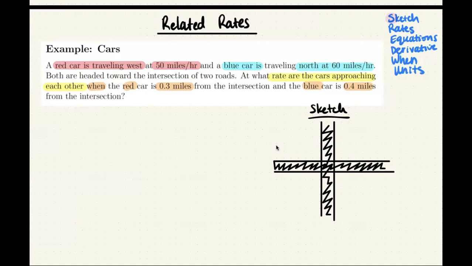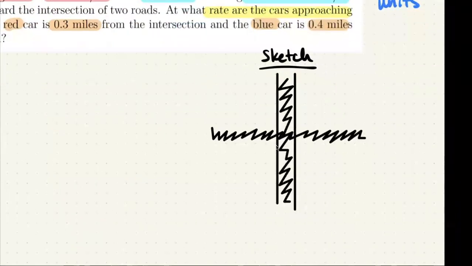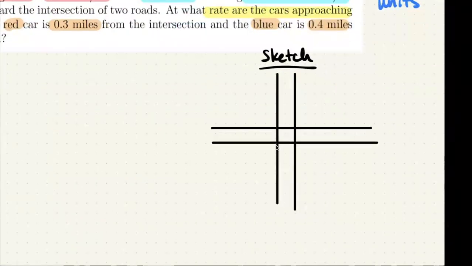Maybe I shouldn't color it in because I'm just going to make it harder to see. You don't have to care as much about your sketches as I do right now. But I do want to make it look like a little intersection. There's my little intersection. And the cars are approaching the same intersection. So they're going towards this where it's crossing here.